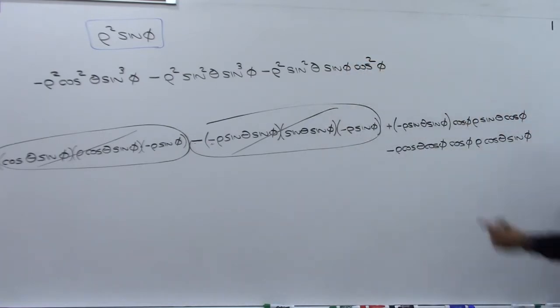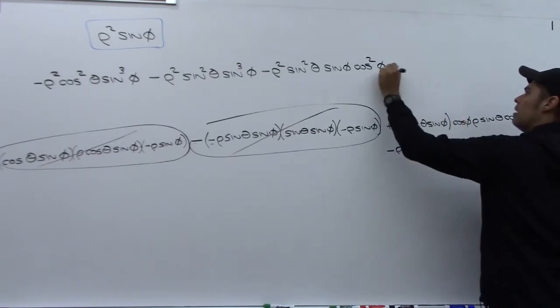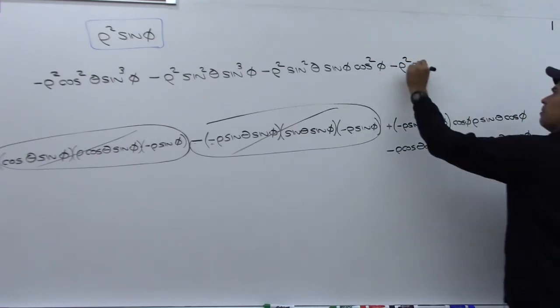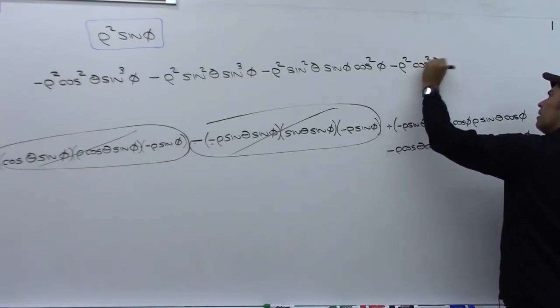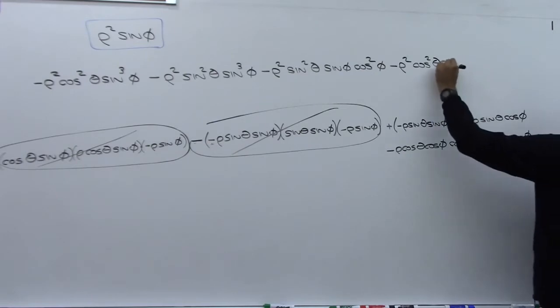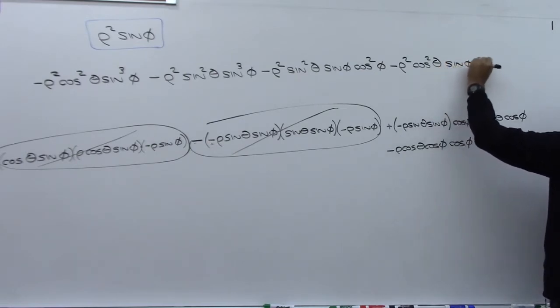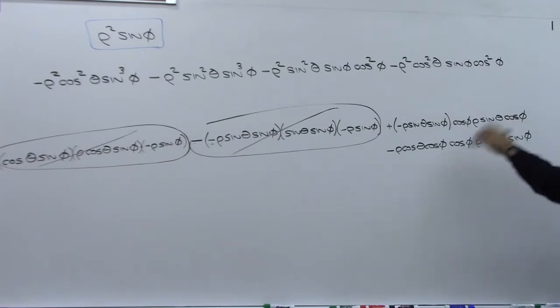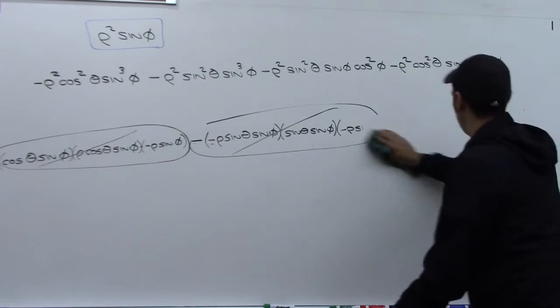And then the last one, negative rho and rho, negative rho squared, cosine theta, which is cosine squared theta. I have cosine phi, sine phi. So that's sine phi cosine squared phi. That takes care of the last ones. So I should have 4 pieces up there, which I do.